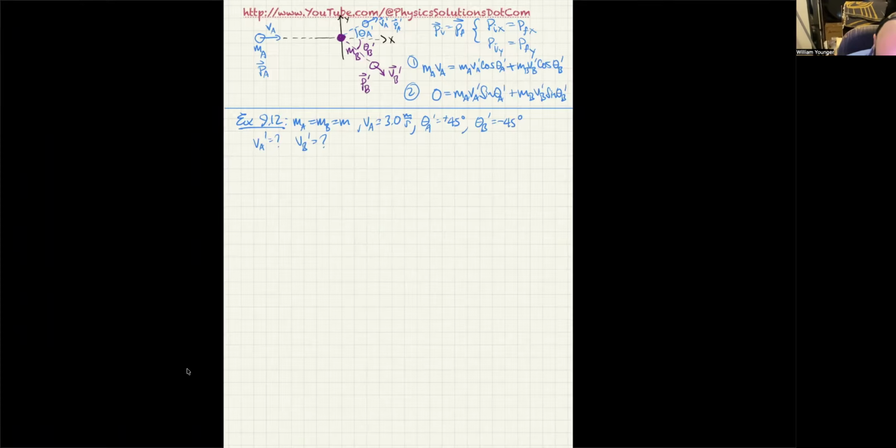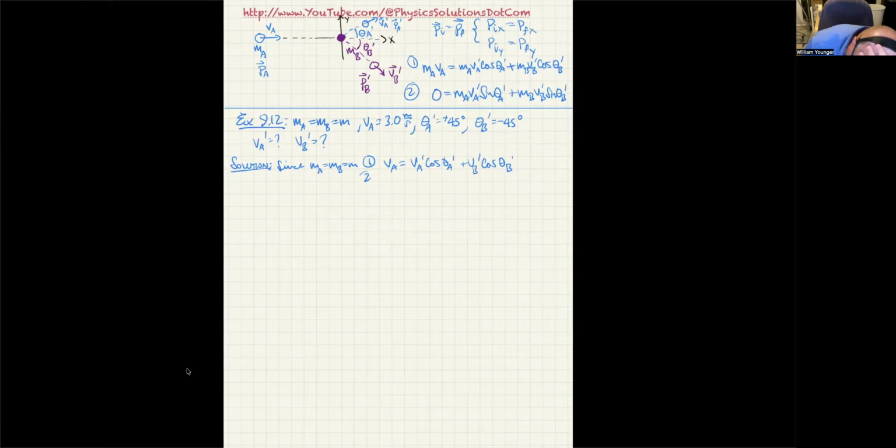So all we have to do first off, solution: since MA equals MB equals M, equation 1 is going to become VA is equal to VA prime cosine theta A prime plus VB prime cosine theta B prime.